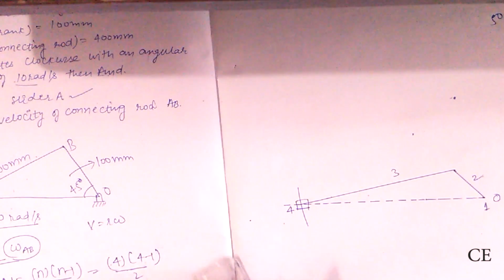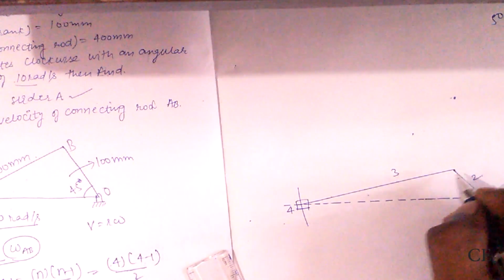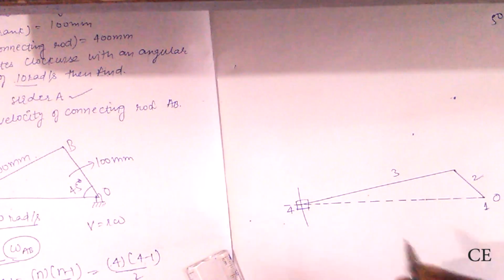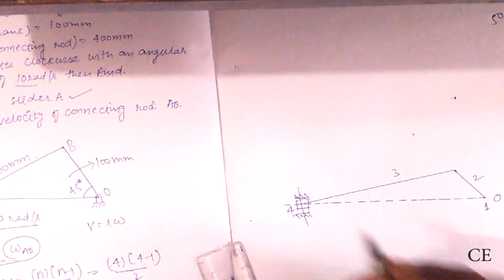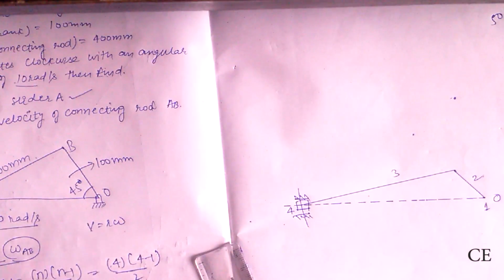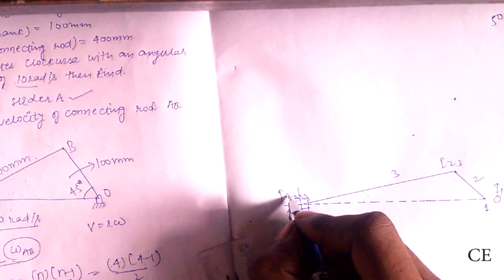Now we already have 4 I centers. This one would be I12, I23, and for these I14. How do we find these I centers? We have discussed in previous videos how we can locate them. Locating one by one, this one would be I12, I23, and this one would be I34.